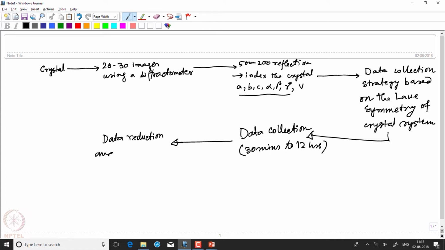And extraction of the I(hkl)s from the observed data, and it also completes the data reduction with the space group determination as well.